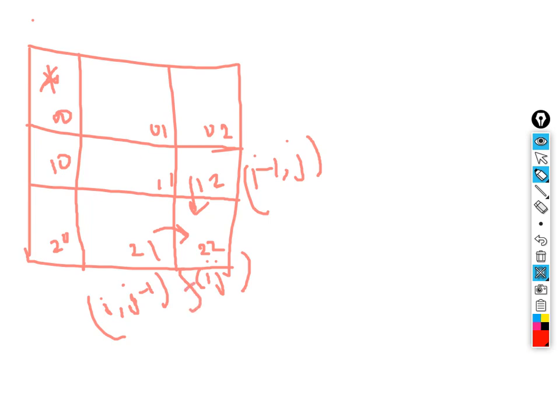Let's say f is a function, and we need to reach f of I, J. At any point of time, we can reach f of I, J from two paths.